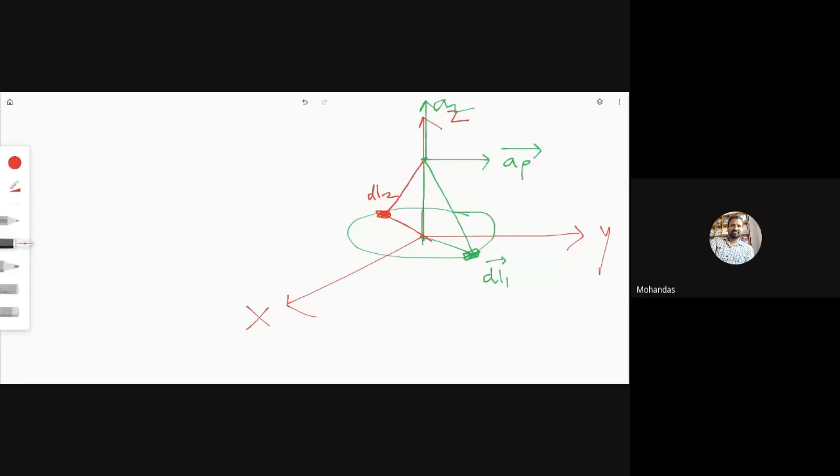It has a component in the direction of aZ, and the other component is in the direction of the arrow, opposite to this arrow. The magnitude of the two vectors is the same, but they are in opposite directions, right? So the resultant will be 0. This arrow and this arrow will get cancelled out. Then the resultant magnetic field intensity will be in the direction of aZ. That is the reason why the magnetic field intensity has a component in the direction of aZ only.